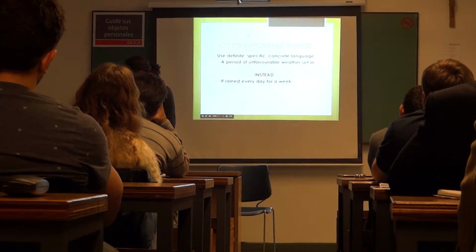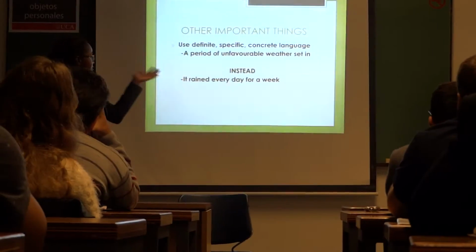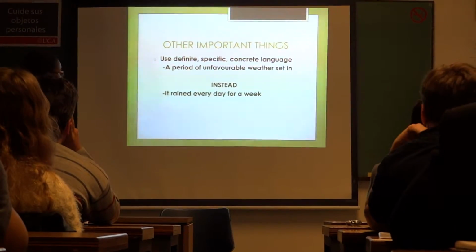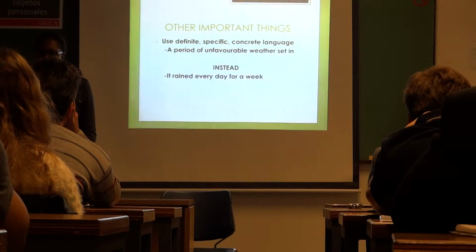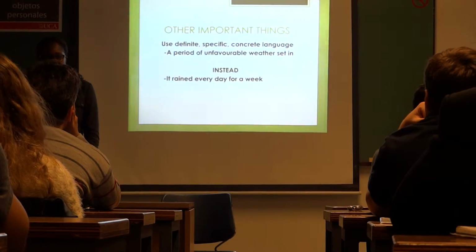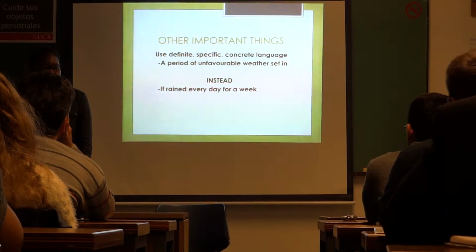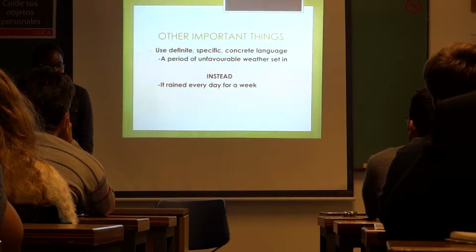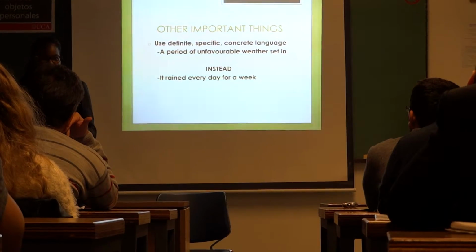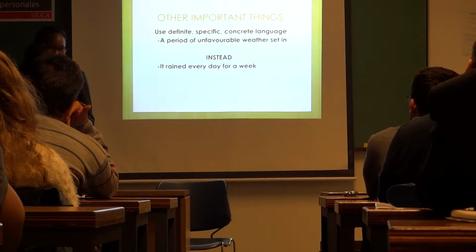So, other important things. I've said that you need to use specific, concrete language. I think if you want to capture the reader's attention, you don't want to be vague about anything you say. You don't want to sound like you're unsure or that you're not commanding the authority over the book, or the text. It's your text, you're the one who's writing, so why not own it?